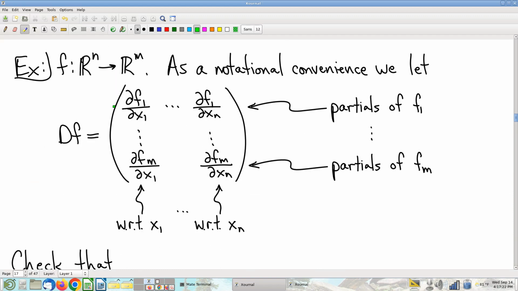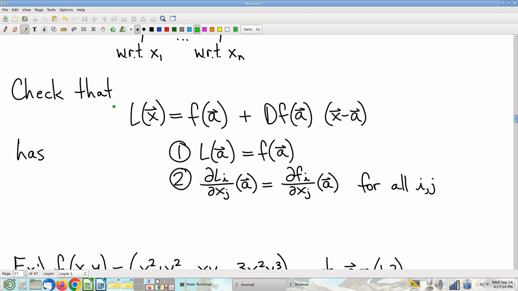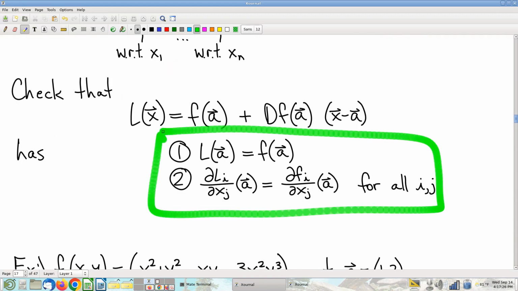Well, again, I'm going to observe that I want to match in value and derivatives. The derivatives should be all the partial derivatives, for all values of the input variables. All the partials of all of the output coordinates.